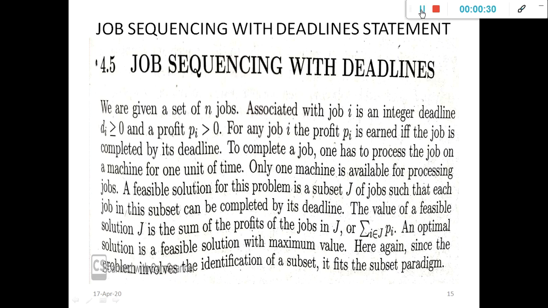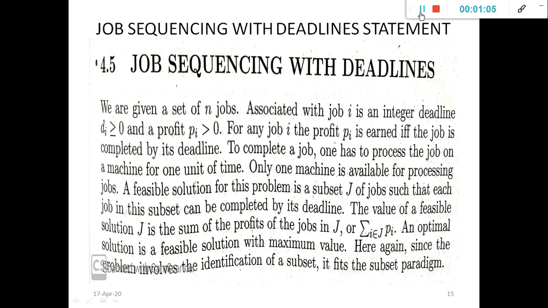In job sequencing with deadlines, a set of n jobs are given where each job i is associated with some integer deadline di such that di is greater than or equal to 0, and a profit pi such that pi is greater than 0. For any job i, the profit pi is earned if and only if the job is completed by its deadline.